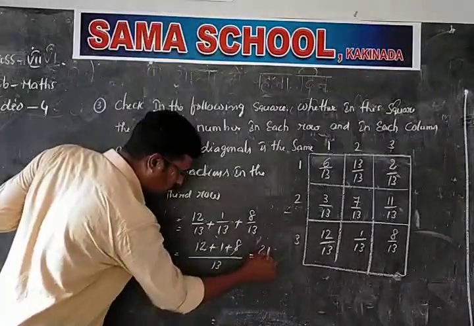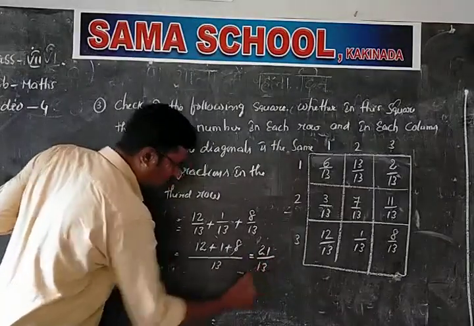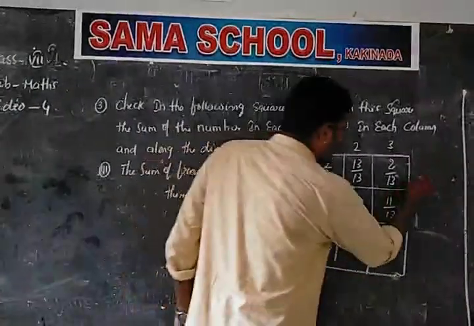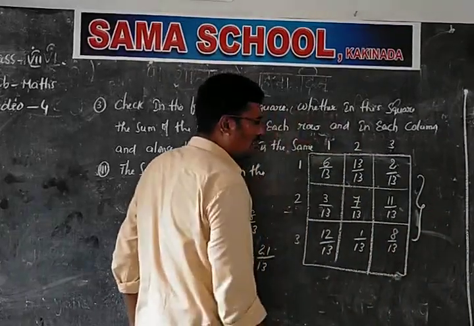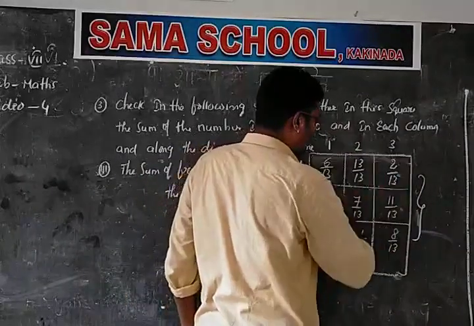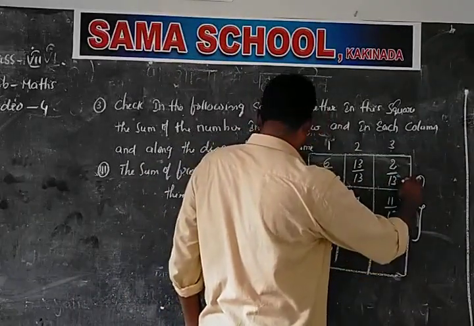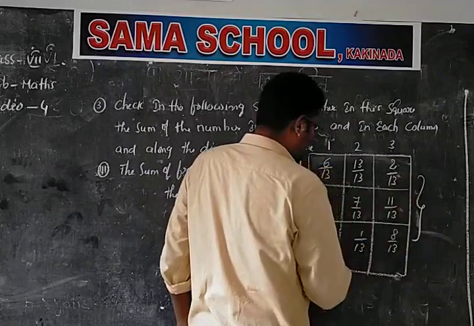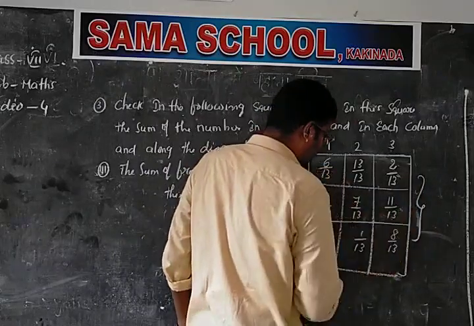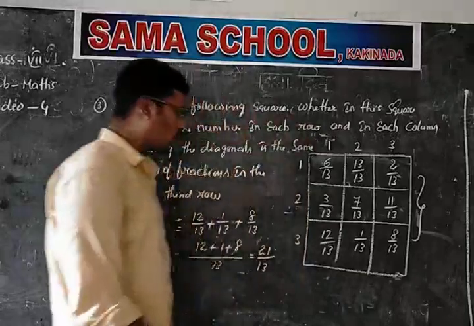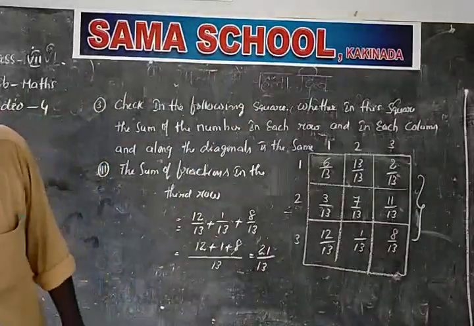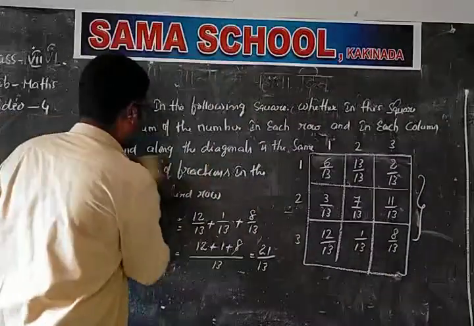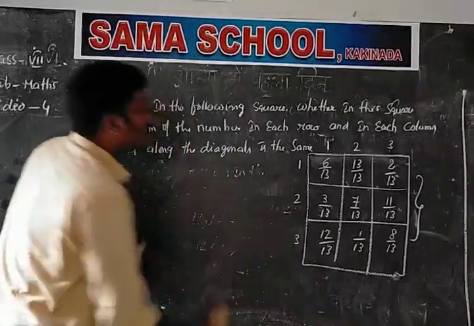This is also 21 by 13. All rows are equal. The first row is 21 by 13, the second row also 21 by 13, and the third also 21 by 13. These fractions are equal.